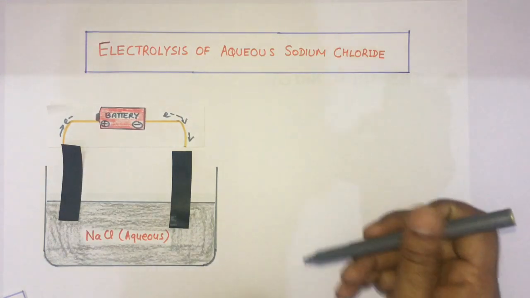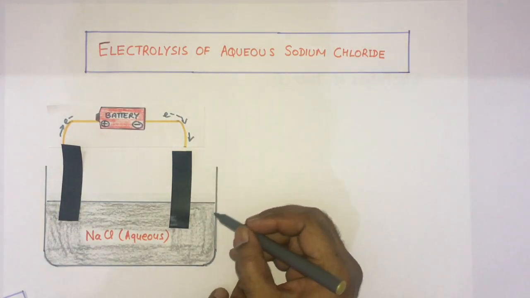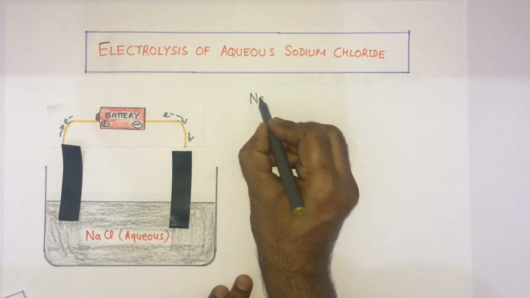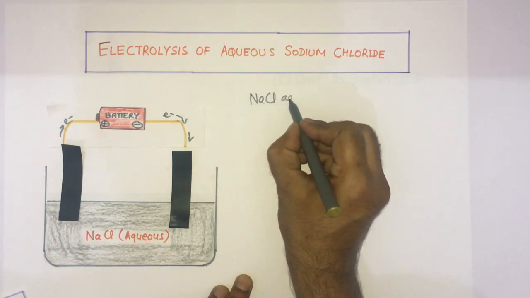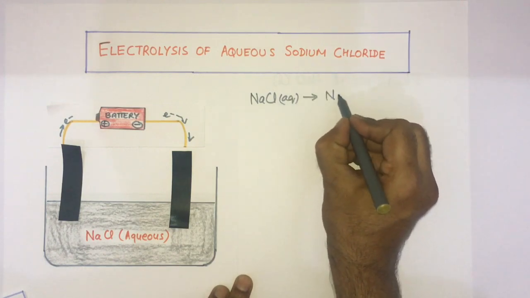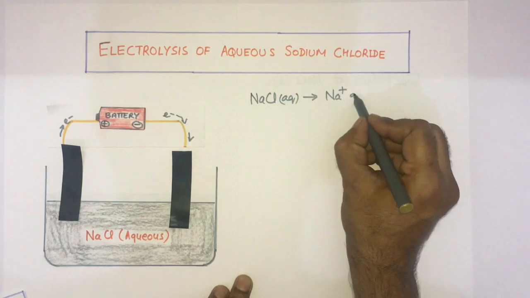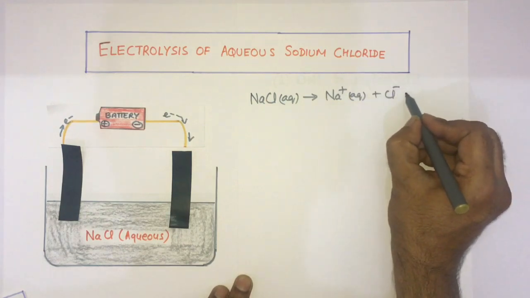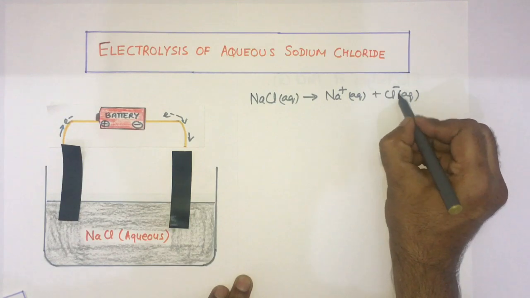Now here we have sodium chloride in aqueous medium. The reactions are: when we pass electricity, sodium chloride aqueous dissociates to Na positive aqueous sodium ion plus Cl negative chloride ion.